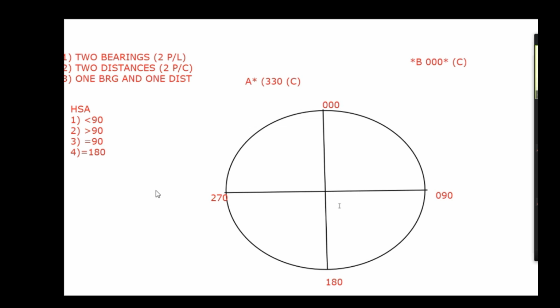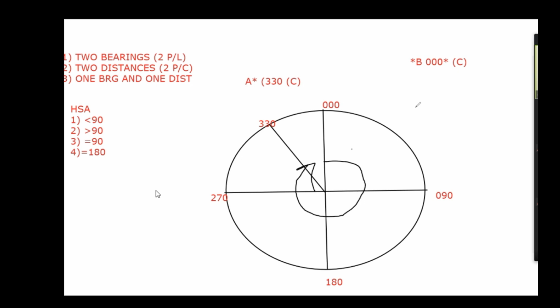If it is a 330 bearing, that means from the center, the vessel, to the 330 mark, and this is your 330, but it is true, because it is given with respect to true north. And the bearing is always measured in a clockwise direction from the north. This angle is your 330.